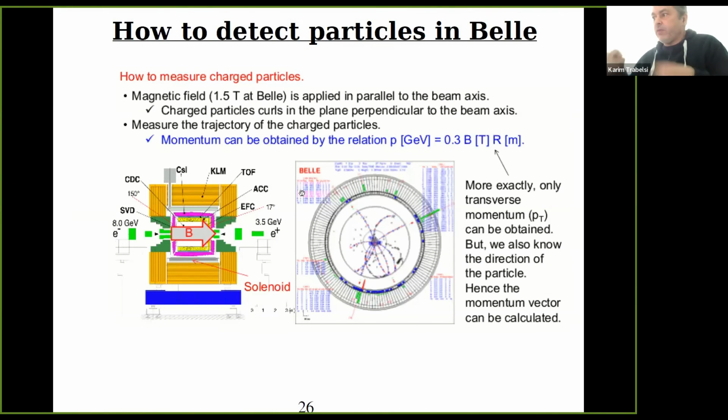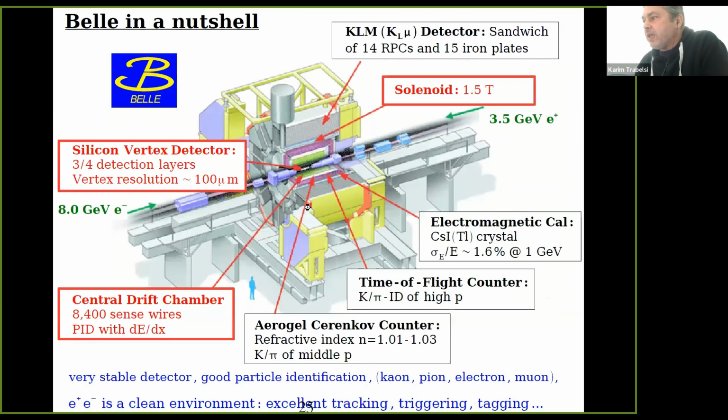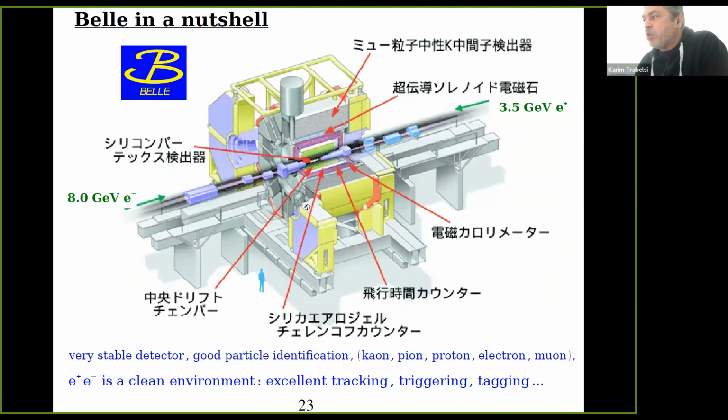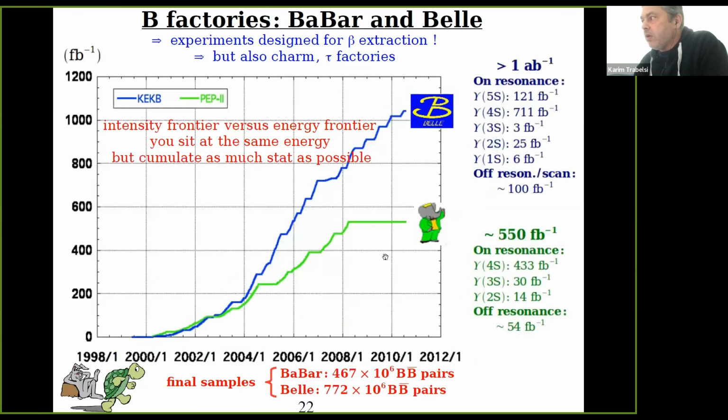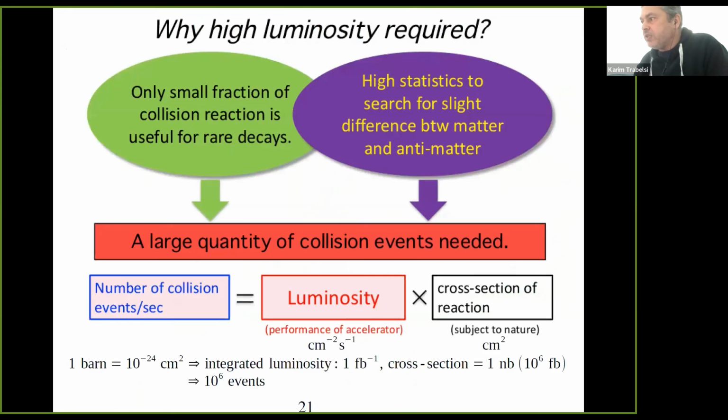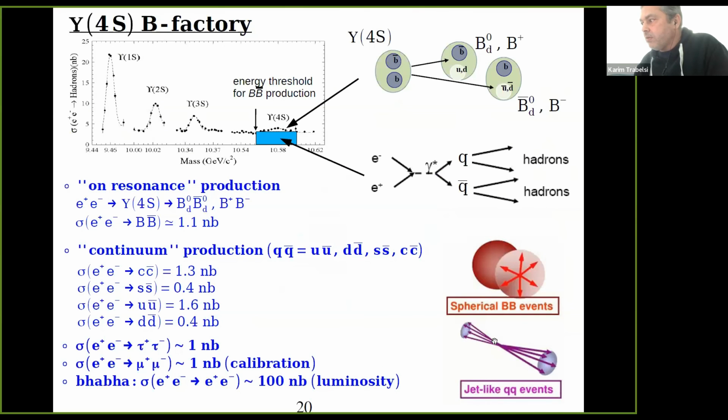The decay is at rest, so the decay products go all over the place. Whereas in the case of the q q-bar, they are much lighter quarks, and the particles will be just along the back-to-back direction in the center of mass. So you can see clearly the direction of the back-to-back initial particles.